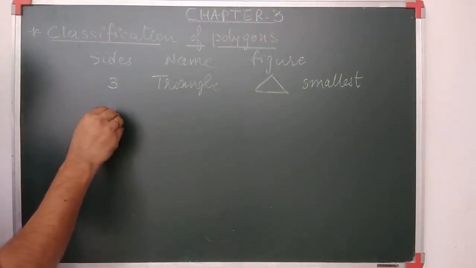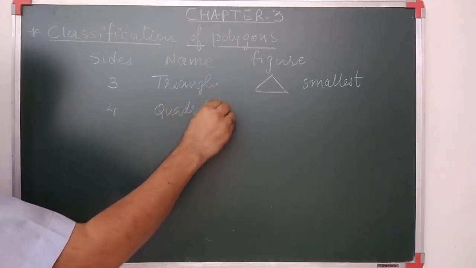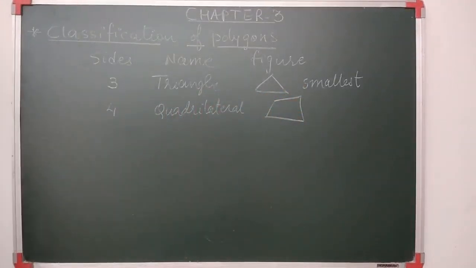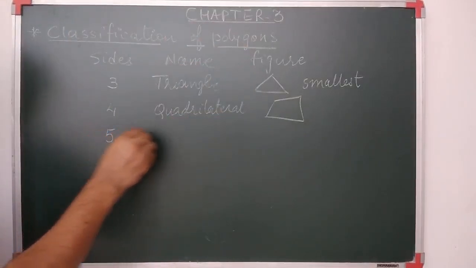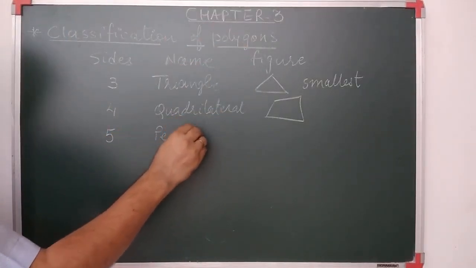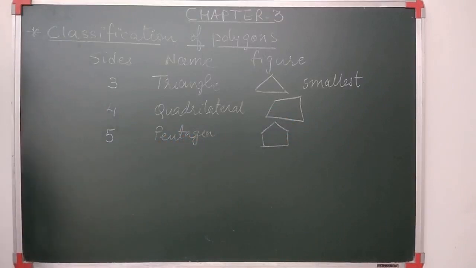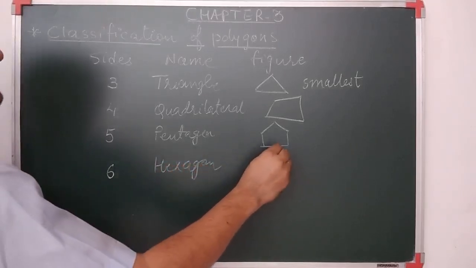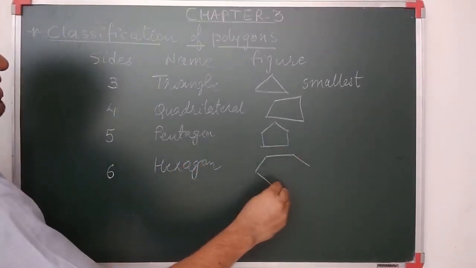Now with 4 sides, the name given is quadrilateral. That is the name of the chapter. So quadrilaterals come in different types, such as rectangle and square. This blackboard is a rectangle. With 5 sides, it is a pentagon, like the heart we used to draw in drawing class. With 6 sides, it is a hexagon.